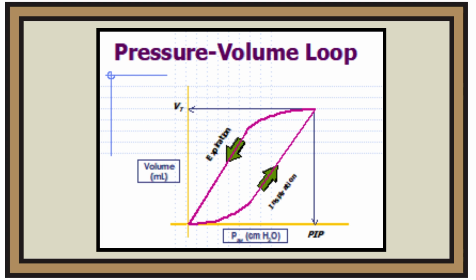Inspiration begins from the FRC level and terminates when the preset parameter is achieved. The tracing continues during expiration and returns to FRC at end of exhalation. PIP and delivered tidal volume can readily be obtained from the pressure volume loop.